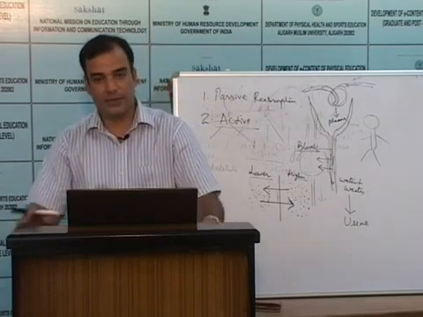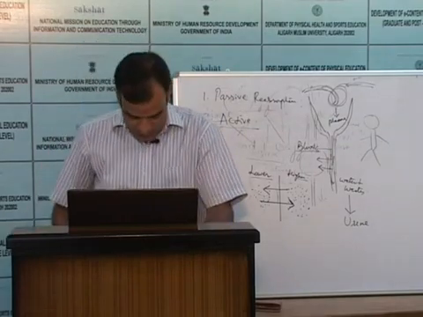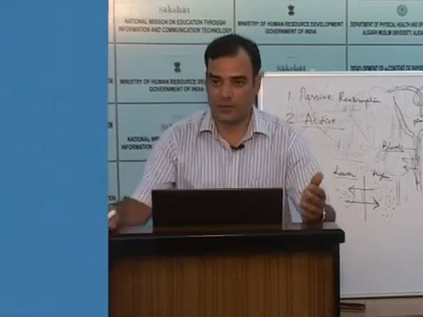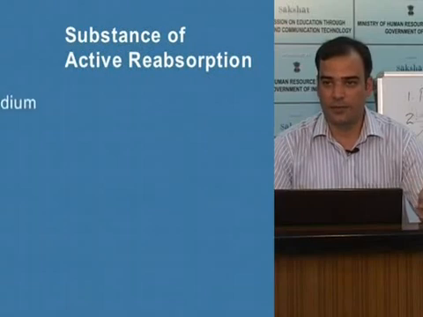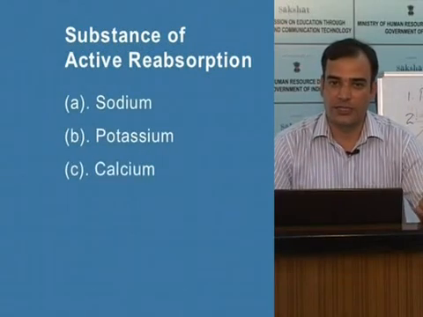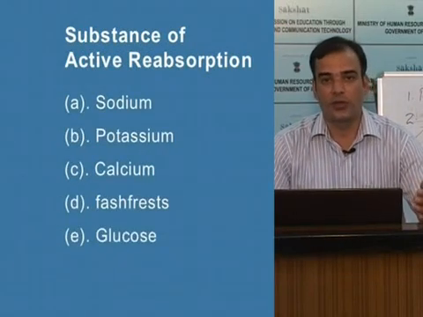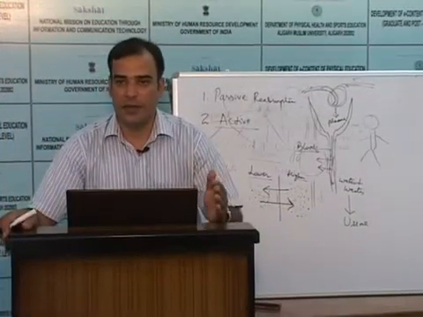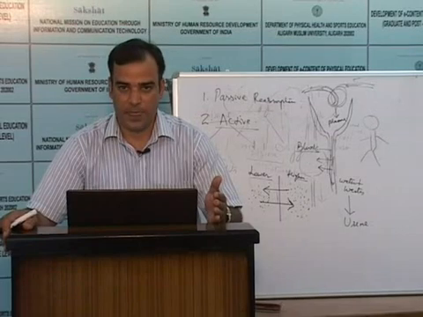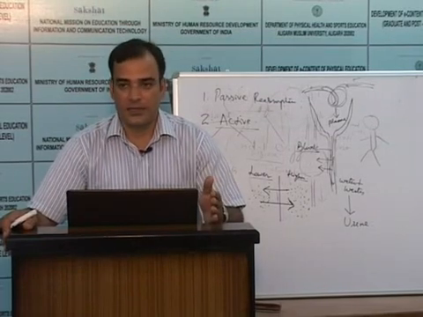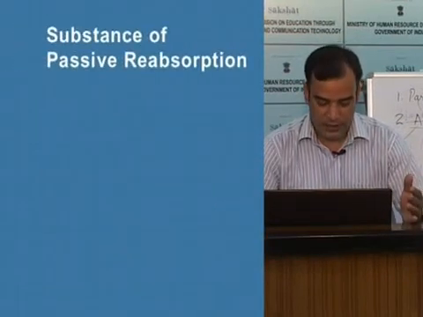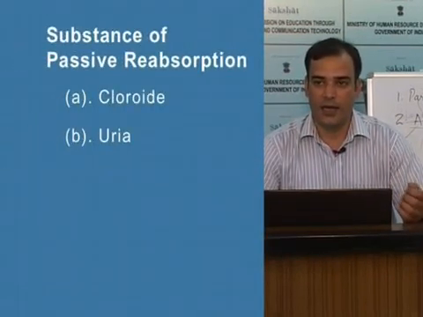Now, what are the different substances whose transport takes place by active reabsorption? These are sodium, potassium, calcium, phosphates, glucose and amino acids. All these substances are reabsorbed by active reabsorption. There are certain other substances that are reabsorbed by passive reabsorption. These are chlorides, urea and water.